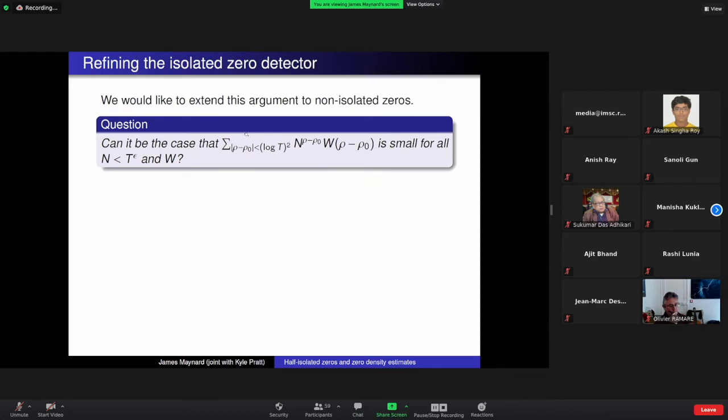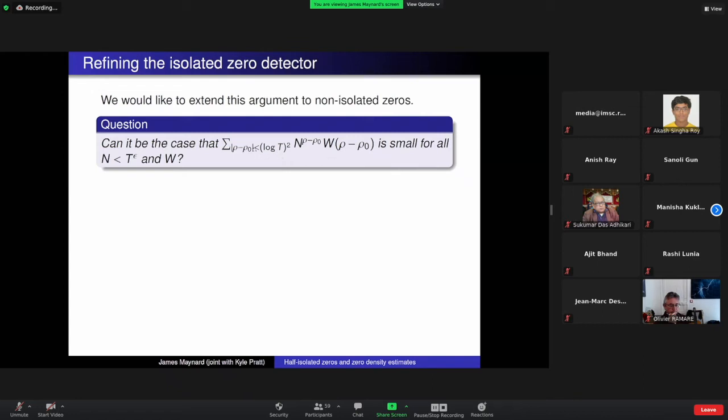So it's not too difficult to see that basically regardless of what configuration of zeros you had, if there are several zeros with similar real parts, then there are values of n and there are choices of capital N and your smooth function w, which mean that certainly the sum can sometimes be very small.